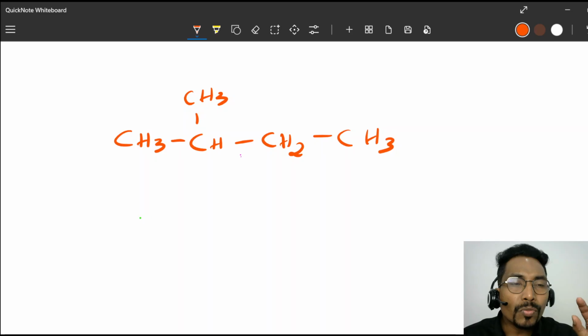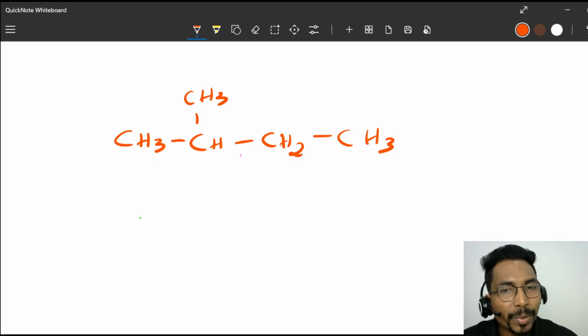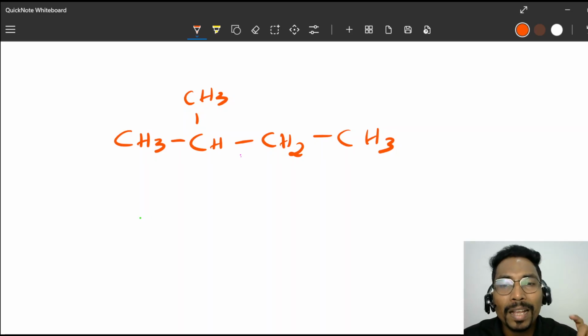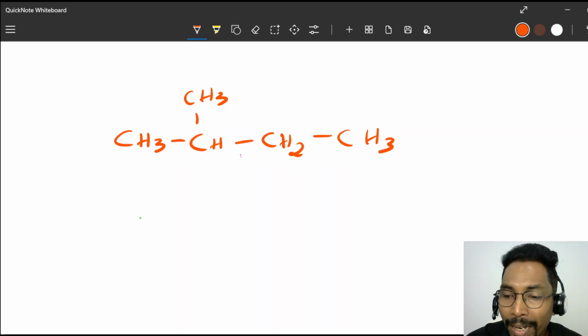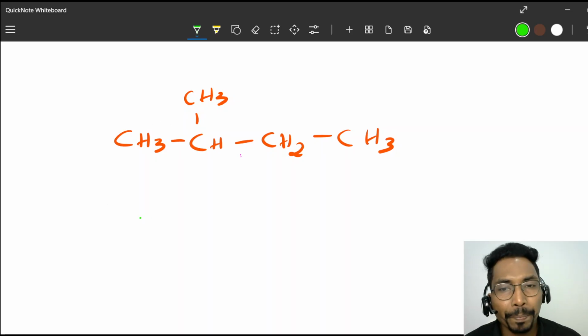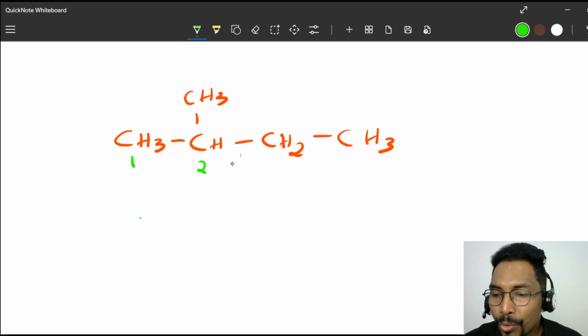Clear? So what you have to do in this case is, first you have to select the longest possible parent chain and number the carbon atoms in that parent chain. So that means 1, 2, 3, 4.